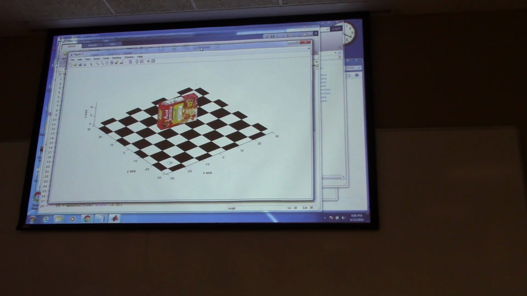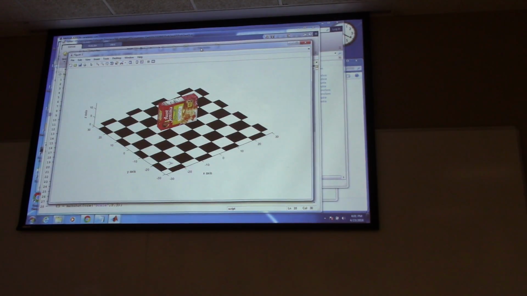The other thing to note here is look at the x-axis and y-axis. What are the dimensions of x and y? For whatever reason, I decided that centimeters was a good unit, so this is dimensioned in centimeters. 60 centimeters is approximately 2 feet.